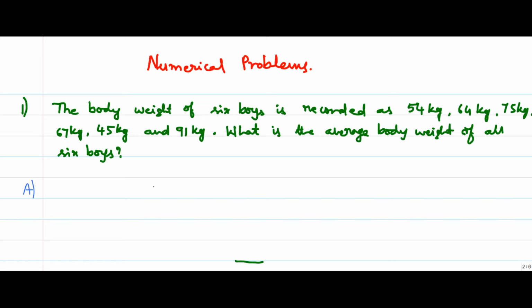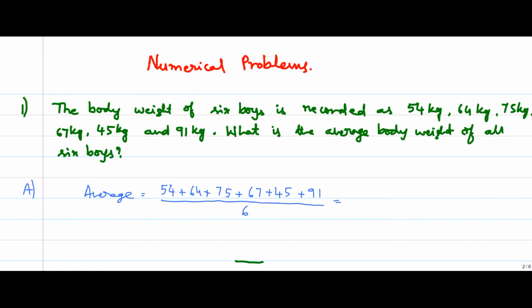As we know, the average is equal to sum of the observations divided by number of observations. Here the observations are 54, 64, 75 plus 67 plus 45 plus 91, and the number of observations is 6.